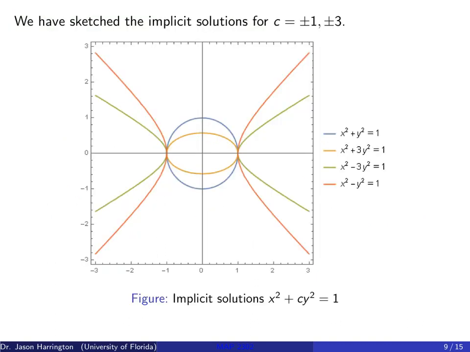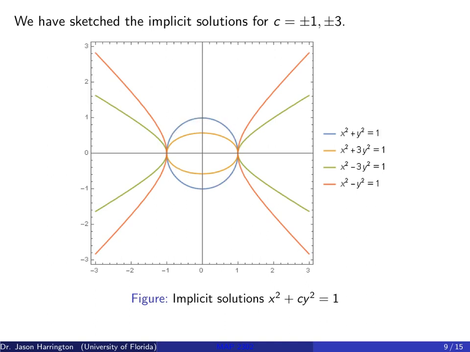And speaking of fun, if I look at the last problem, I went ahead and sketched some implicit solutions for different c values. So you see that when c is equal to 1, I have this blue solution. That's just a circle. So you see there's my circle.